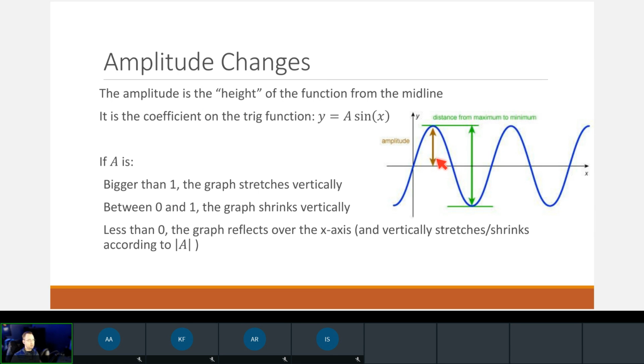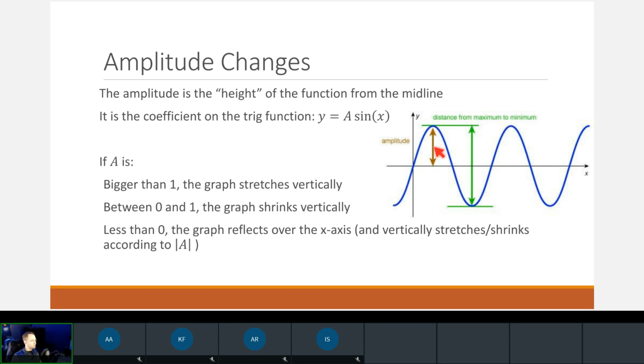In a standard trig function without any changes to the amplitude, period, or shifting, the midline is the x-axis. The amplitude is from the midline to the max value on the graph. So from this point to this point, this is the amplitude.